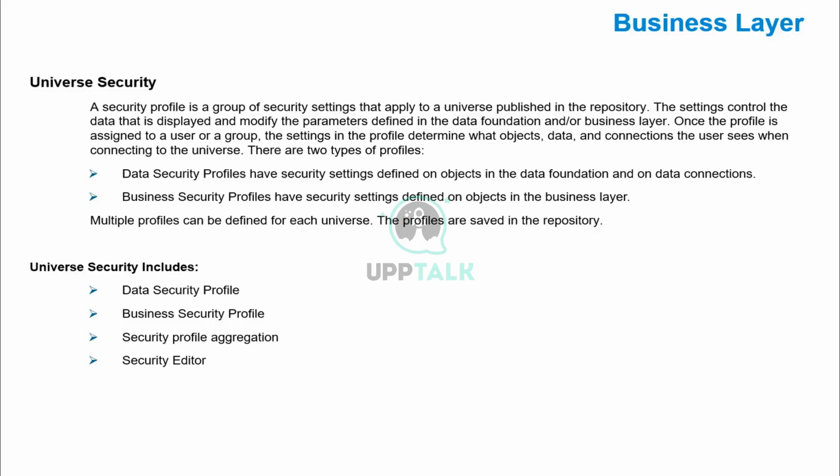They will create some user profiles and assign the security so that only the users who need access will get access to those universes. They can only create the reports and see the data. For our other users, the universe cannot be viewed or retrieved for their reporting purpose. That setting can be achieved by using a data security profile or business security profile.